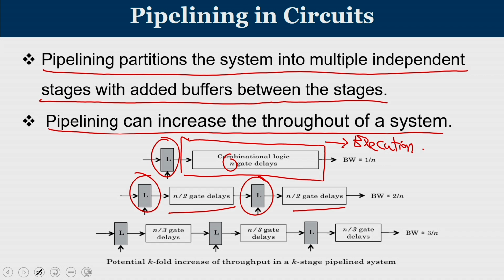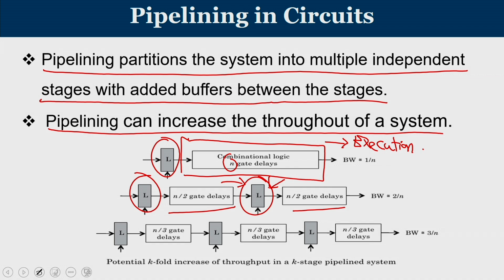The left side subtask consists of roughly n by 2 gates. It will do some kind of an operation, and whatever partial operation is done, the result is kept in the latch, and after that when it is triggered, the second half is going to take the partially processed result from this latch and do the operation.